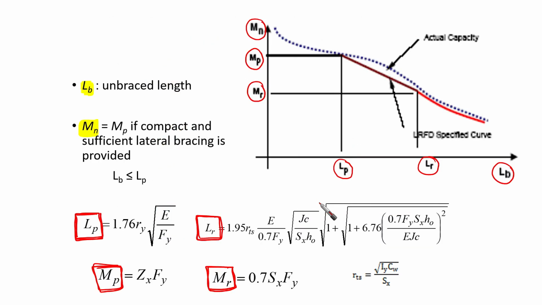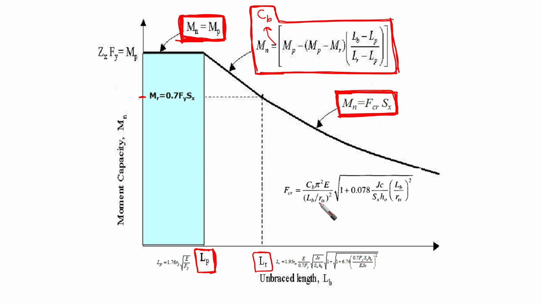One thing that I want you to take care of: there is something very interesting that has appeared, especially in this part and this part. If you look at the equations, you're going to find CB, and also here there is CB. Actually, I put it in red because maybe it was missed in the textbook or whatever, the picture that I have taken this graph from.